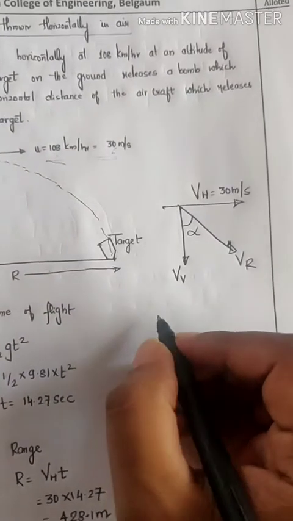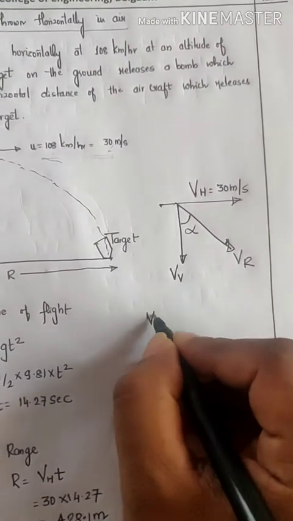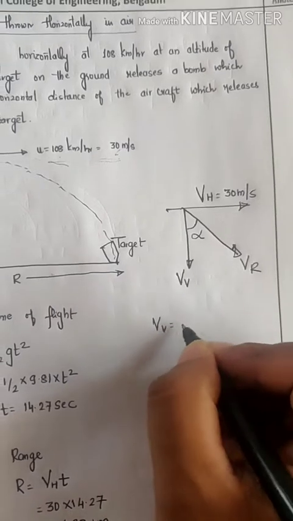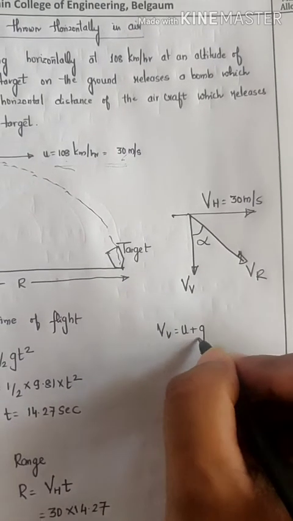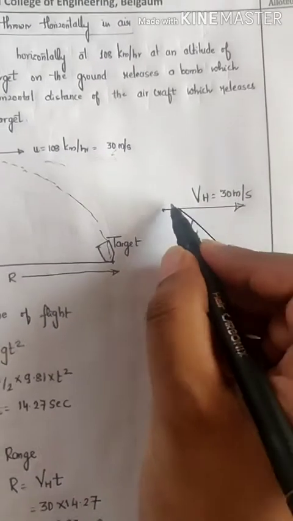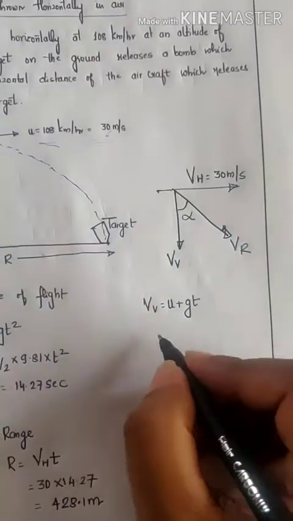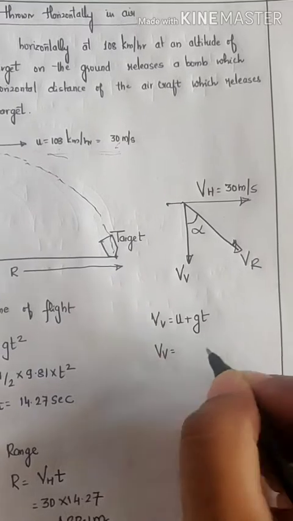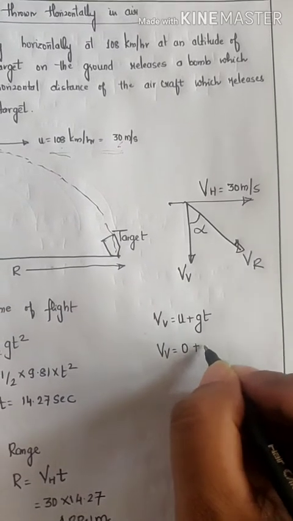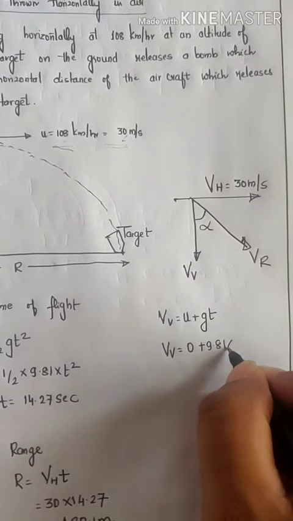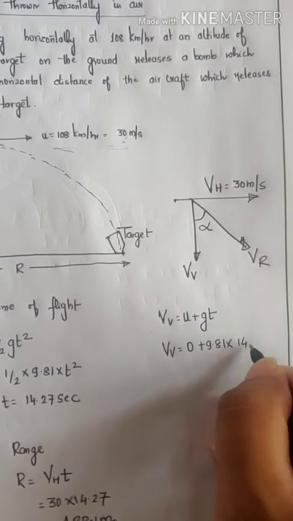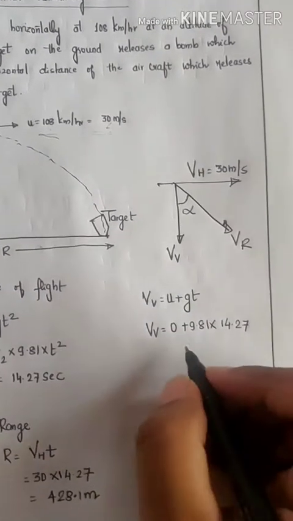So the vertical velocity v is equal to what? u plus gt. Why? Because the bomb is initially at rest. So when it hits the ground vertically, what will be the final velocity? So initial velocity is 0 plus 9.81 into what is time taken? 14.27.